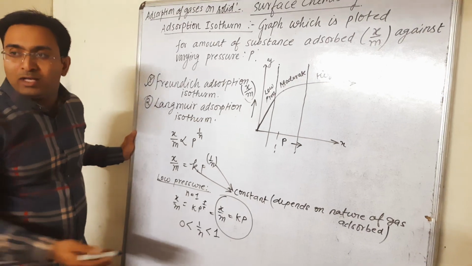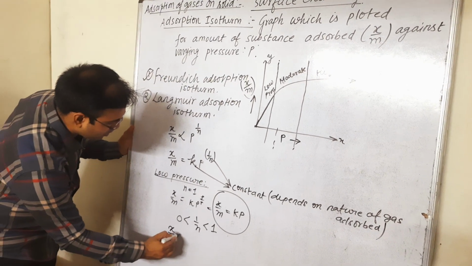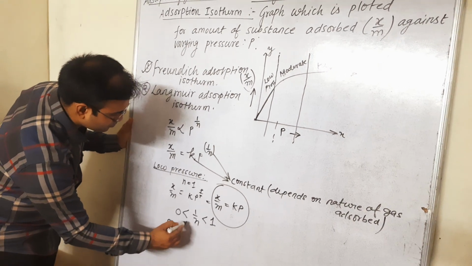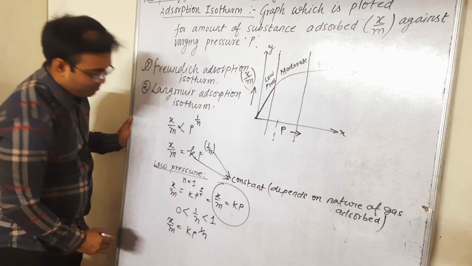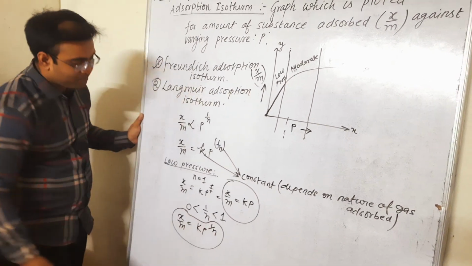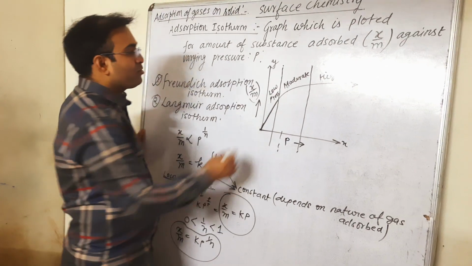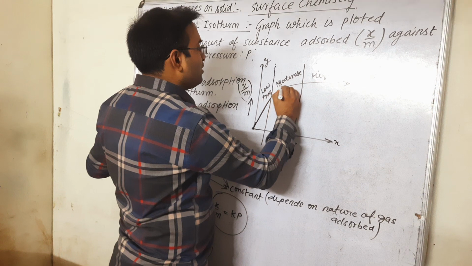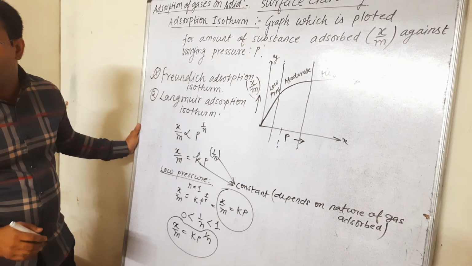So x by m equals k p to the power 1 by n. This kind of equation represents a curved graph. So this also gets satisfied, right or not?